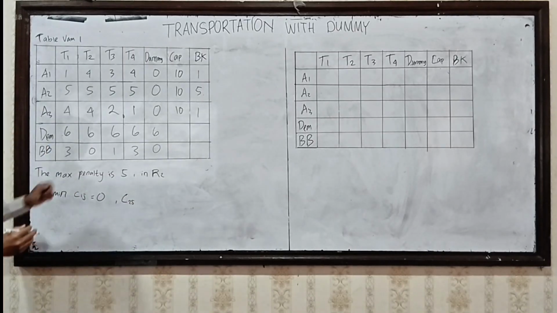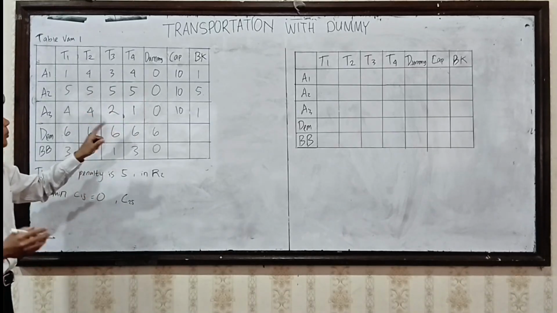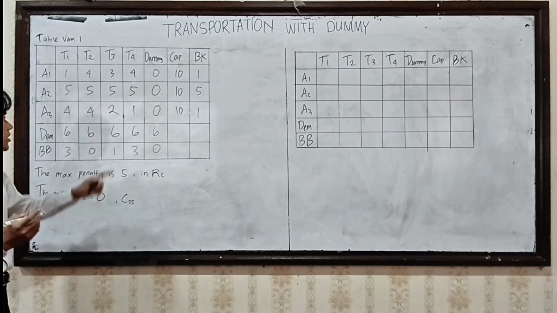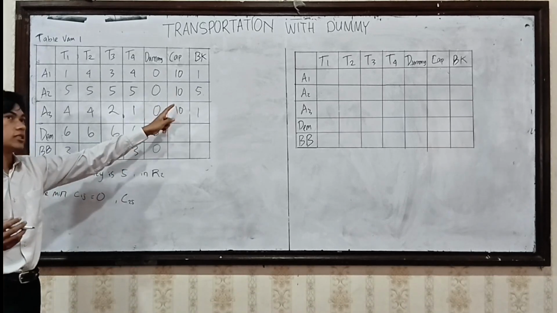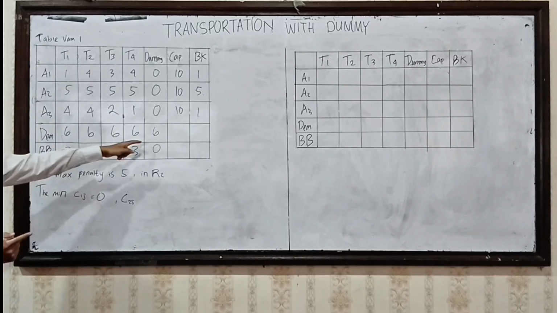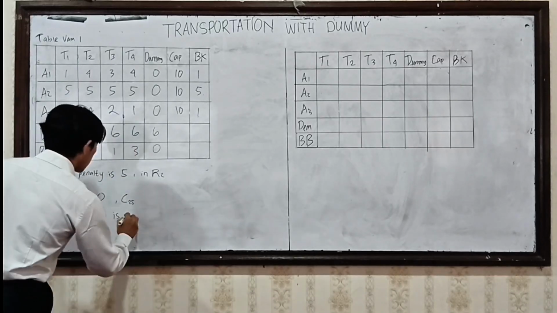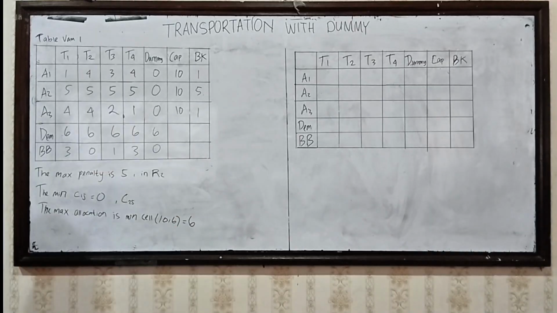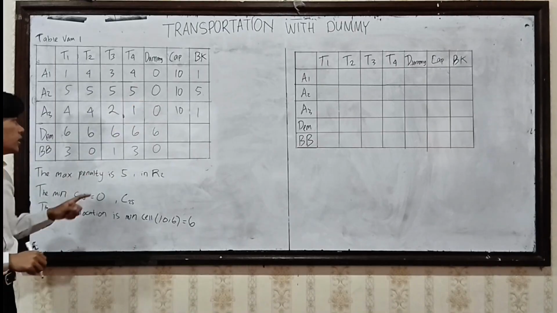And after we know this, we want to find the maximum allocation to put in row 2. The maximum allocation is the maximum between 6 and 10. So the maximum for this column is only 6. Okay, now we have the maximum allocation on this cell, that is only 6.